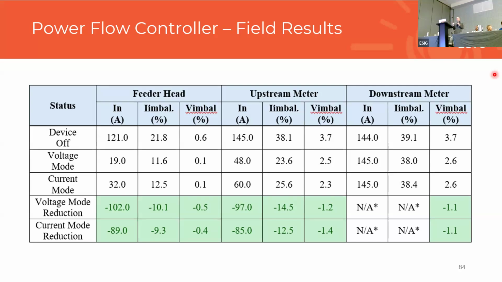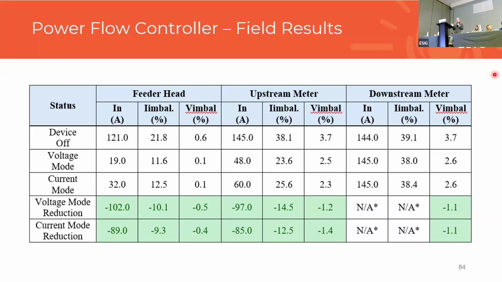The upstream current imbalance was brought from 38.1% with the device off to 23.6 in voltage mode and 25.6 in current mode. So about 14.5% reduction for that voltage control mode. And again, neutral current was dropped by 97 amps in voltage and 85 in current.